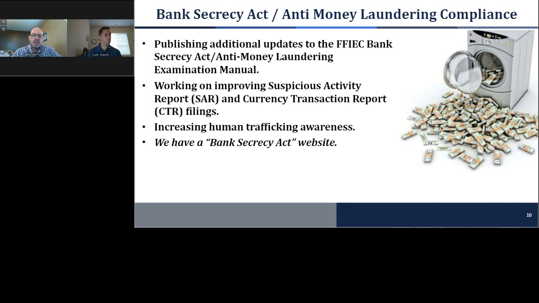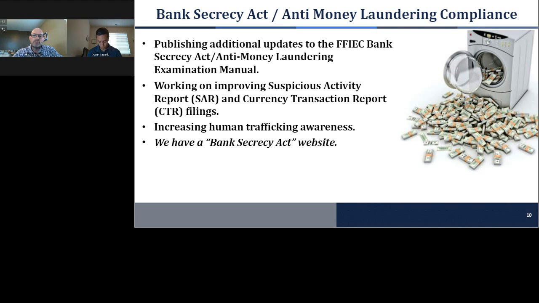First one is doing additional updates to that BSA AML exam manual. I think that's a good thing for you to know because the BSA review process can be daunting. So continuing to update that exam approach, I think, is good for credit unions.